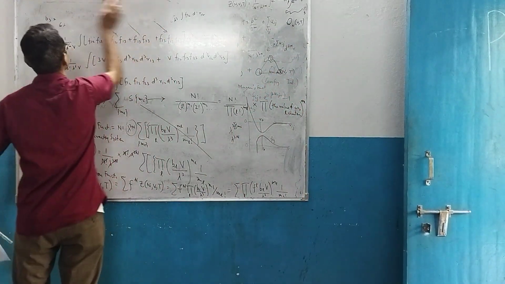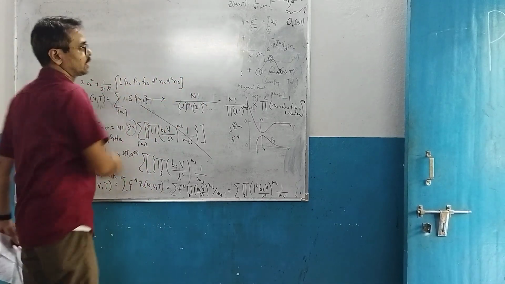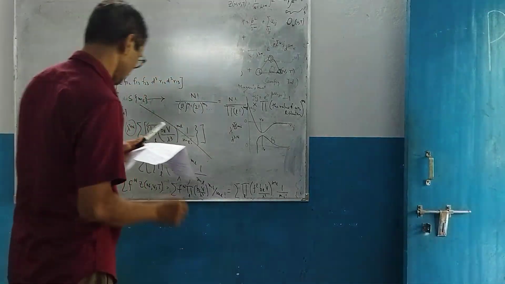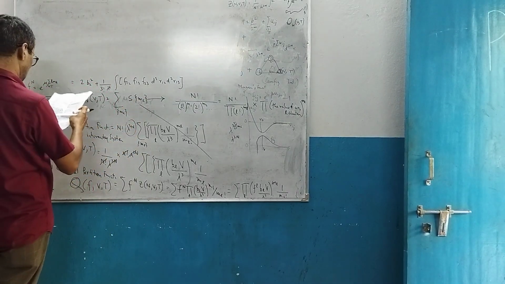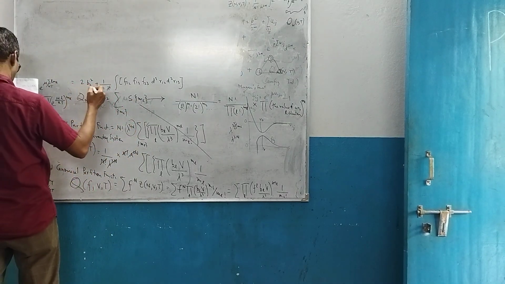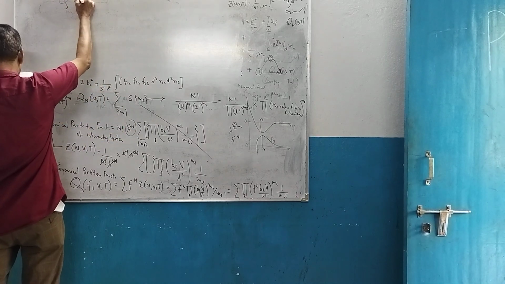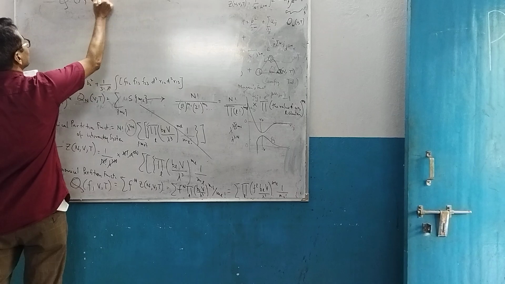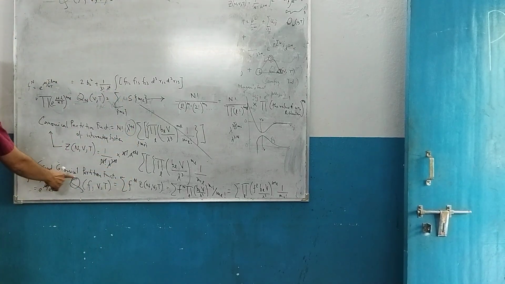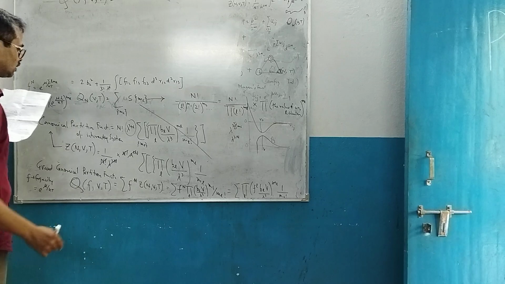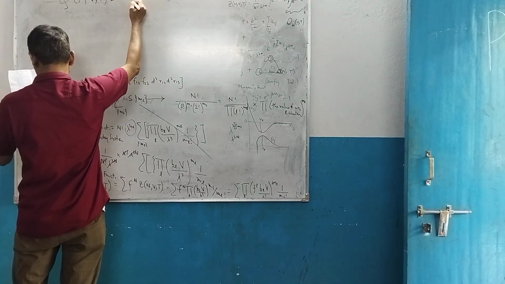We have a practical class after this, so I would wind it up as fast as possible. So I can write Q(f,V,T), the grand canonical partition function, as a summation and product.